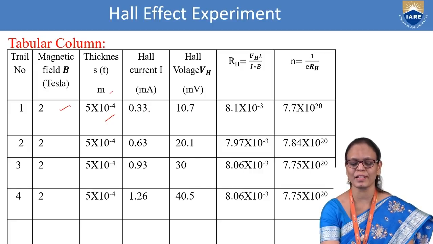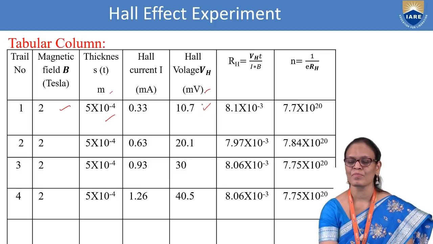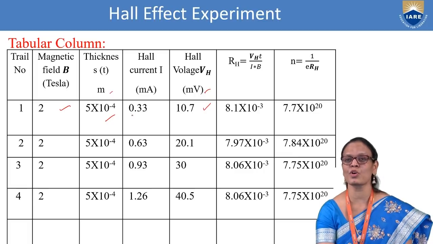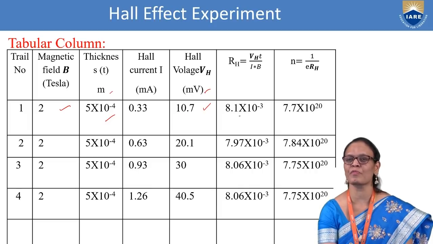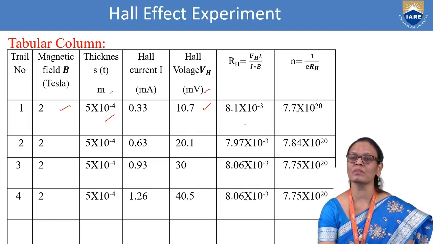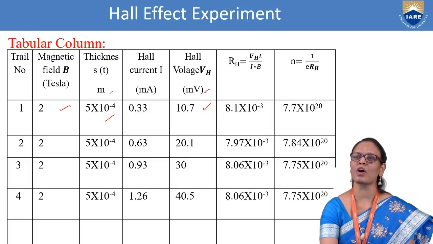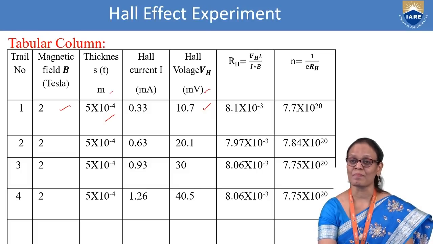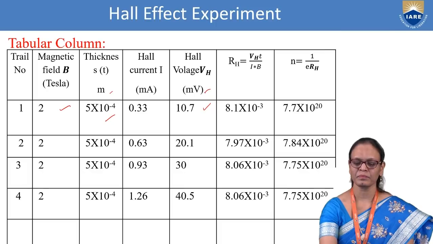So 0.33 milliampere. Note down the corresponding voltage, in millivolts. So for a current of 0.33 milliampere, you will get a voltage of say 10.7. These values may not be fixed, but I am just giving you a rough idea of how the observations are going to be.